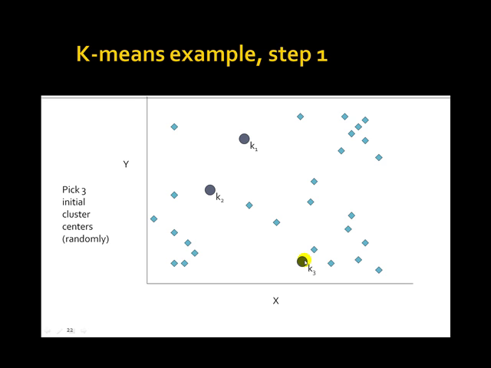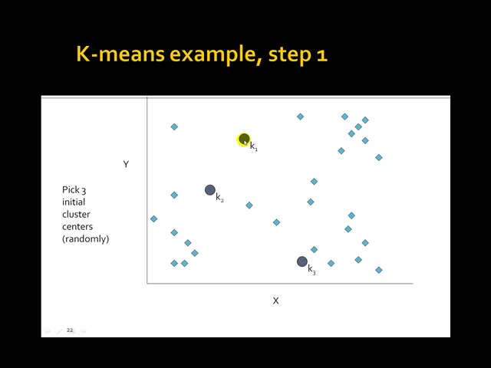If that's true, then which points should belong to this cluster? Well, the ones that are closest. Remember, we kept talking about closest. Now, here, closest just means the actual distance. If we were talking about colors, then there's not really a clear meaning to closest. But here, if we're just talking about points in the plane, then we can talk about the physical distance. So which points are closest to K1?